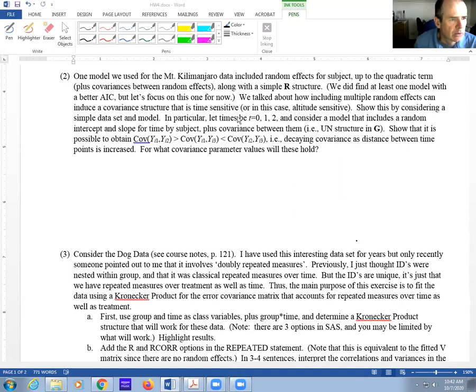Okay, so we're going to have times be 0, 1, and 2, just as a simple example. Consider a model that includes a random intercept and a random slope for time by subject. So here's the thing: whether or not you model time as class or continuous, you can think of what you do for your fixed effects as different from what you do in your covariance structure.